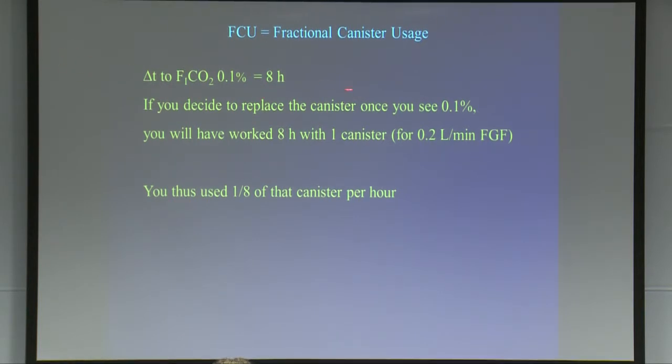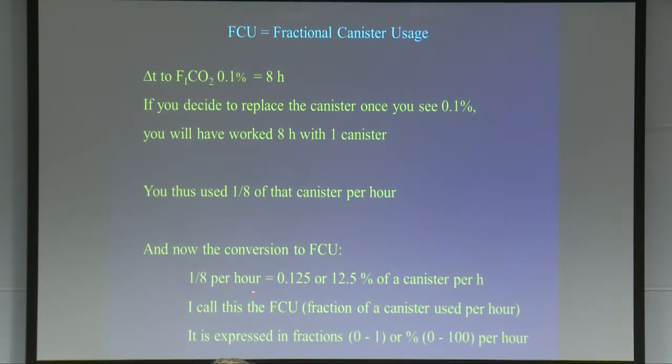Again, if you read this, it means if you decide to replace the canister once you see 0.1% on your capnogram, you will have worked 8 hours with one canister for that particular fresh gas flow. In other words, you will have used 1/8 of that canister with that fresh gas flow if you would be replacing it once you see 0.1%.